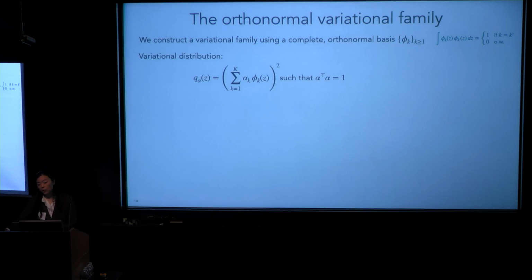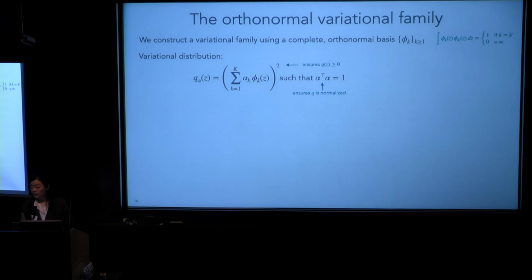And additionally, we're going to impose a constraint on the alphas such that the sum of the squares of the alphas equals 1. So here, by squaring this linear combination, this ensures that our density is non-negative. And by having this constraint on the alphas, it ensures that our Q is normalized.